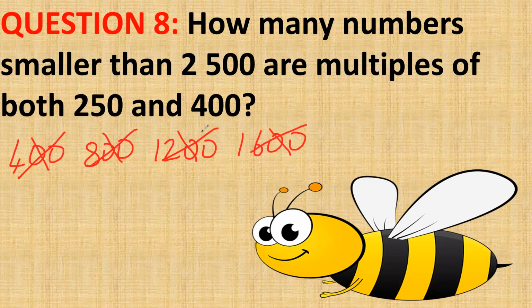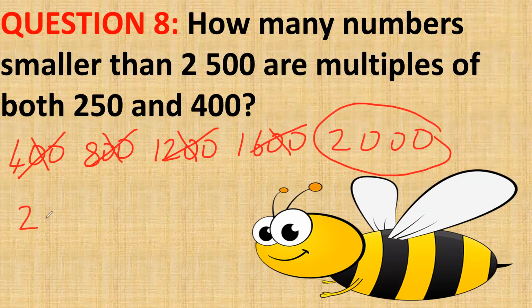So you might say there are no numbers. Okay, let's carry on. Okay, next one, 2,000. Yes, we found it. 2,000, because when you multiply by 1, 400, by 2, 800, 1,200, 1,600, and 2,000. 2,000 is a multiple of 250 and 400. So you can write 2,000.